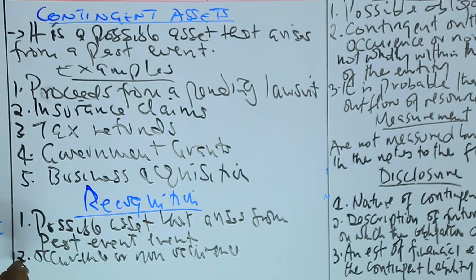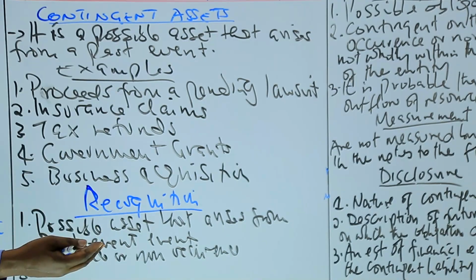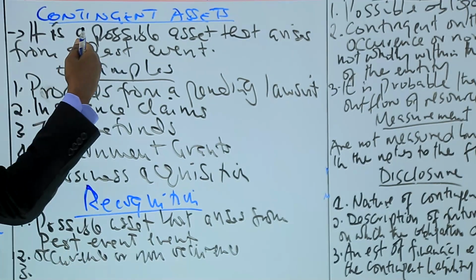The third criteria is in relation to the inflow of resources. If it is probable that an inflow of economic benefits will result from the occurrence of the uncertain future event.